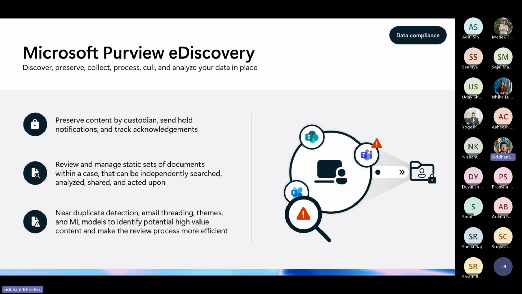It detects duplications and email threading. It has an ML model to identify which content has high value impact and which content needs more review or efficiency in maintaining its security.